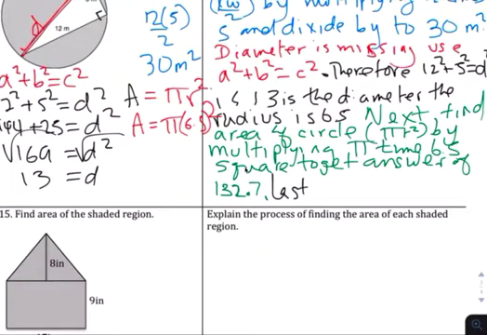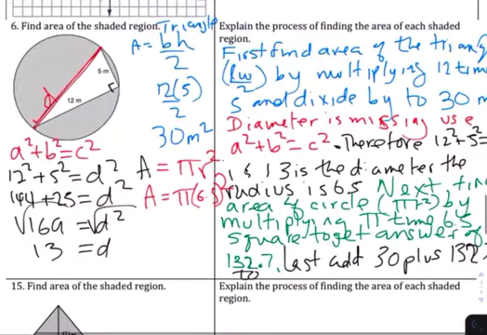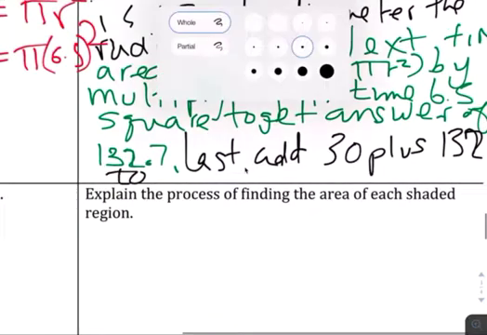Last, add 30 plus 132.7 to get, oh, subtract. You subtract because there's a white region there. Last, subtract, not add.